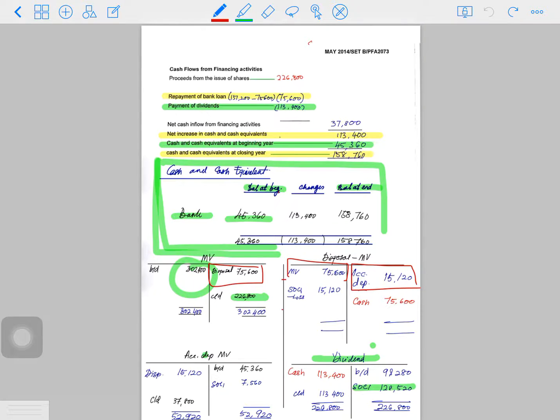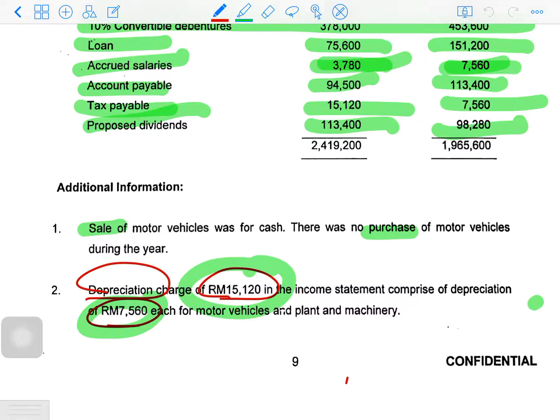Lepas tu go through balance sheet pula one by one. Biasanya saya buat macam tu lah. Tapi kenapa hari ni saya buat macam tu? Saya rasa yang sepatutnya kita boleh buat ialah dengan kita go through statement comprehensive income dulu lah. Tapi sebelum tu kita kena buat yang additional information dulu. Kan?